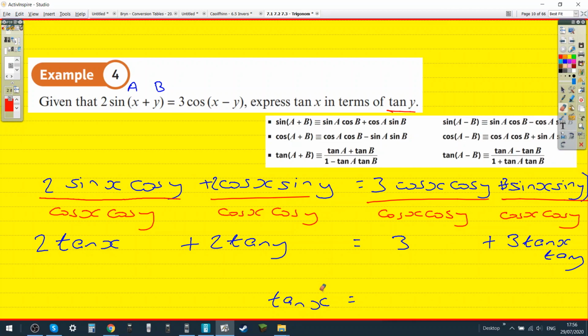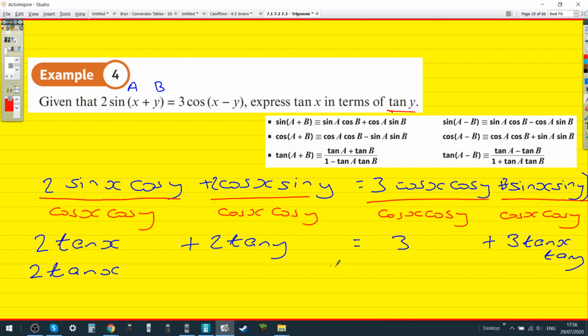Okay, we want tan x equals. How do we go about that? On one side by itself. So 2 tan x equals 3 plus tan x tan y minus tan y. You have the right idea. I'm going to do it in one go.